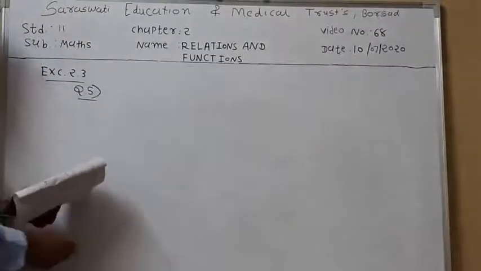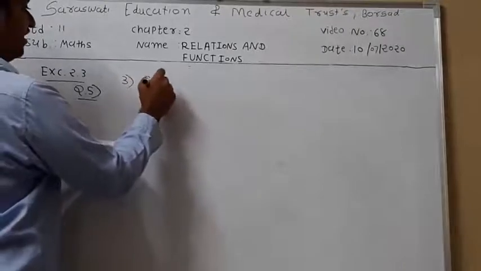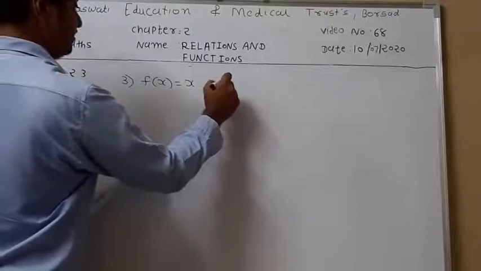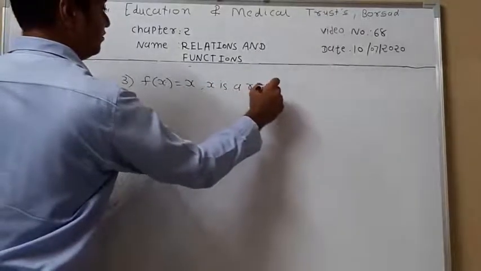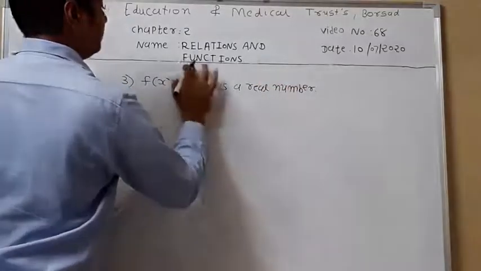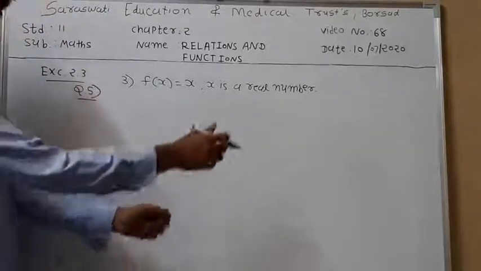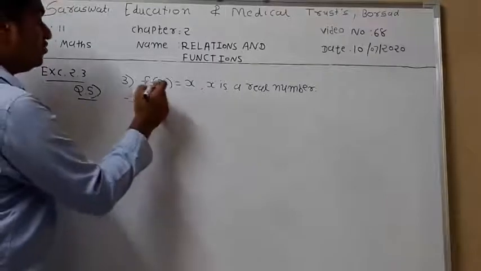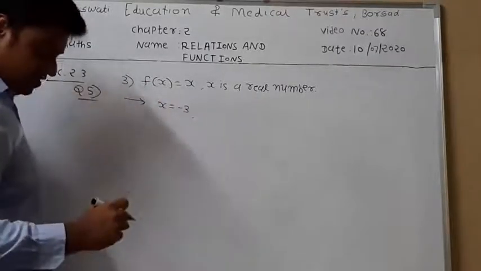Third question. f of x is equal to x, and here the condition is present, x is a real number. So again we can consider 2 or 3 numbers in negative form and 2 or 3 numbers in positive form. So x is equal to minus 3.